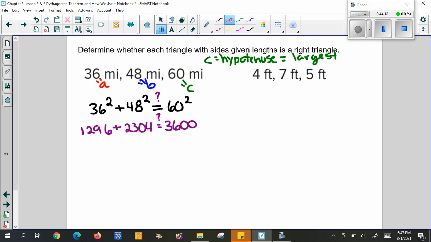And we'll go ahead and combine like terms on the left. And again, I'm trying to find if the left and the right side are going to be equal to each other. In this case, they are equal. Therefore, this is a right triangle.